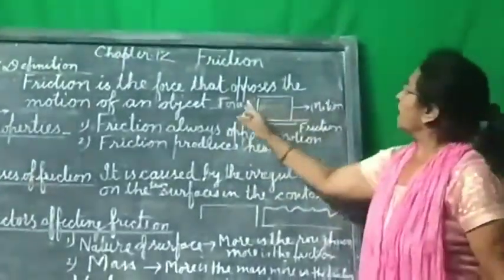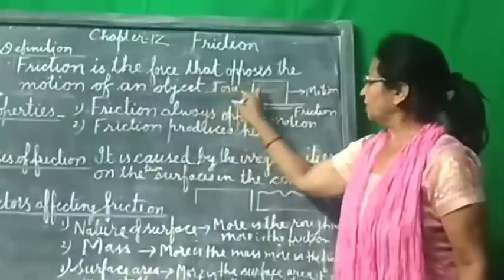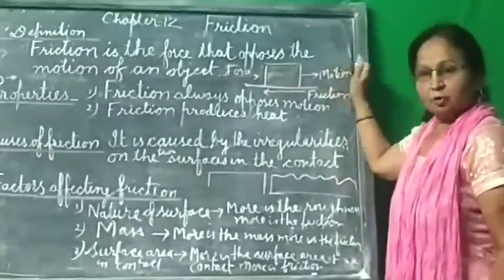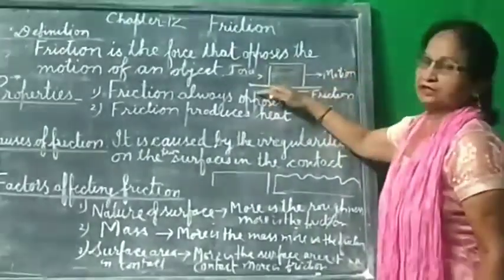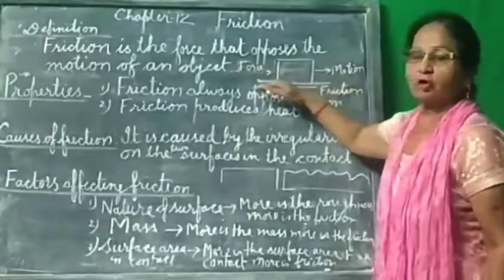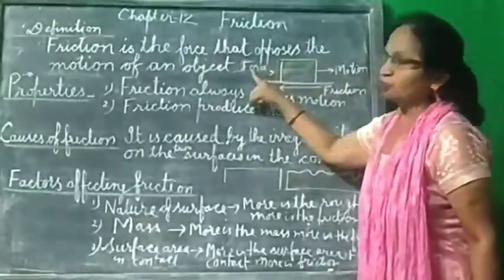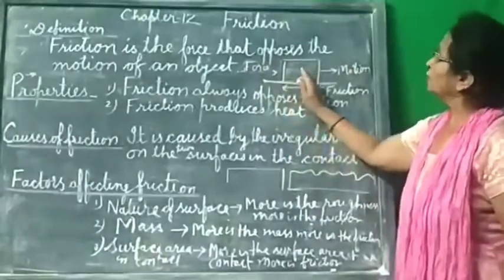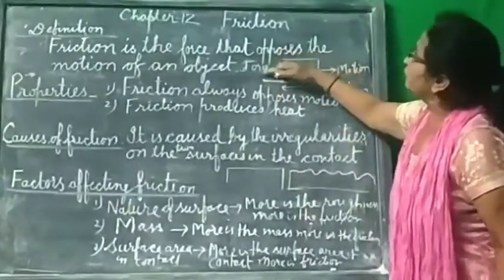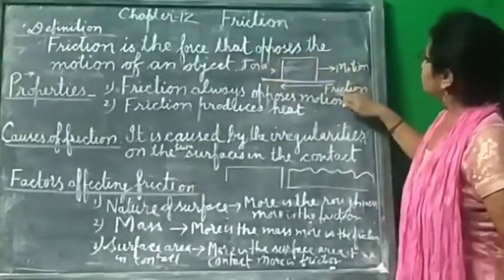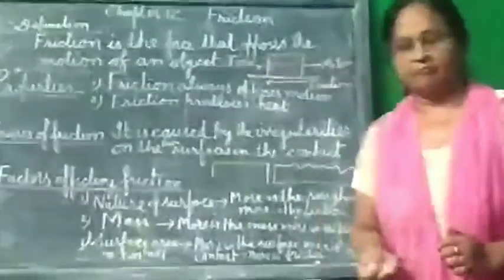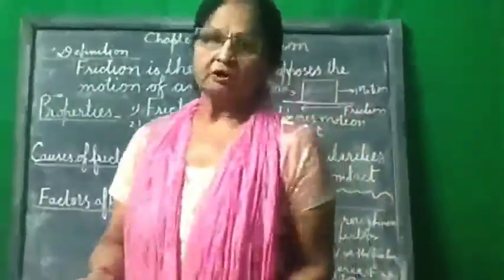This is the surface. आपने force लगाया इधर, pushing force you are applying from this side. The box will move from this side. तो what will happen in the opposite direction? Ground के surface के बीच में और बॉक्स के बीच में एक फोर्स और लगेगा, इस फोर्स की direction opposite side में होगी, और ये उसको रोकेगा. तो that opposite force, meaning the force which is opposing, is called the frictional force. So this force is harmful as well as useful in our daily life.